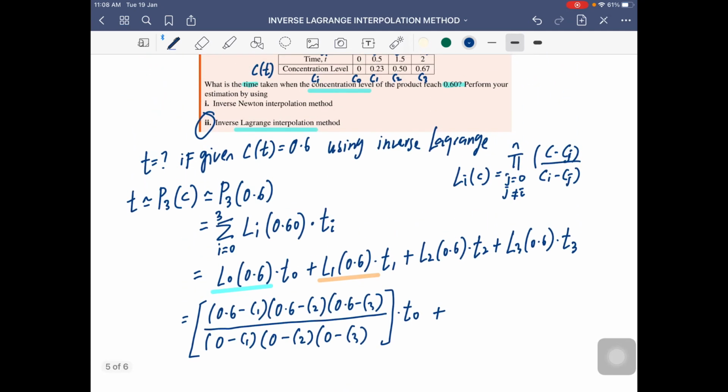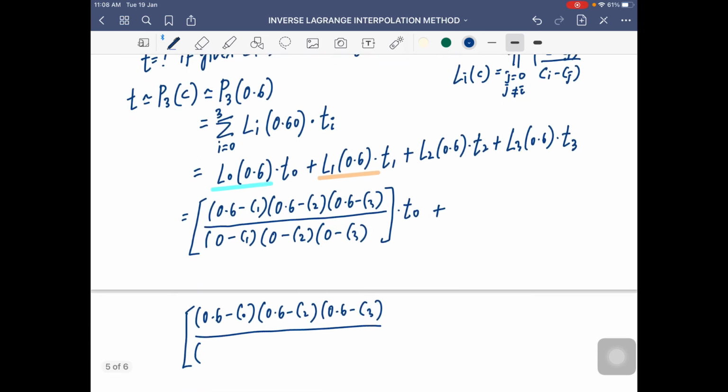So my C1 is 0.23, so 0.23 minus C naught, and then 0.23 minus C2, and then 0.23 minus C3, and then I should multiply with T1 and then plus.